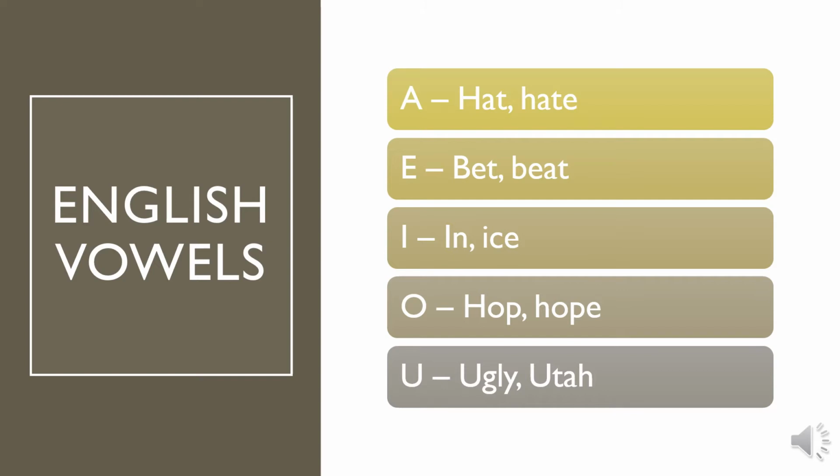O, hop, O, hope. U, ugly, U, Utah. And no, I did not put ugly and Utah together because I think Utah is ugly. They just happen to demonstrate the sounds of that vowel.